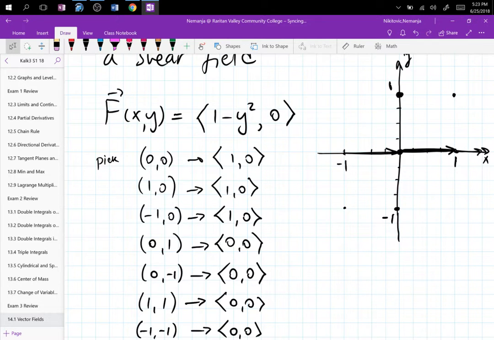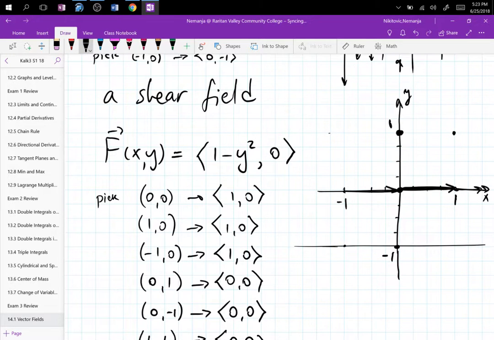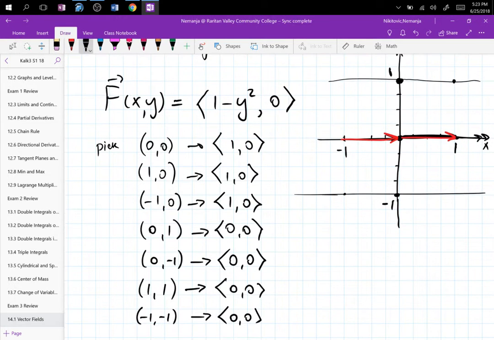So it seems that on these lines here, the value of the vector is 0. We have these vectors pushing inside. That one is 1 unit, that one is 1 unit. So how about we try 0, 1/2? This is where the 1/2 is.